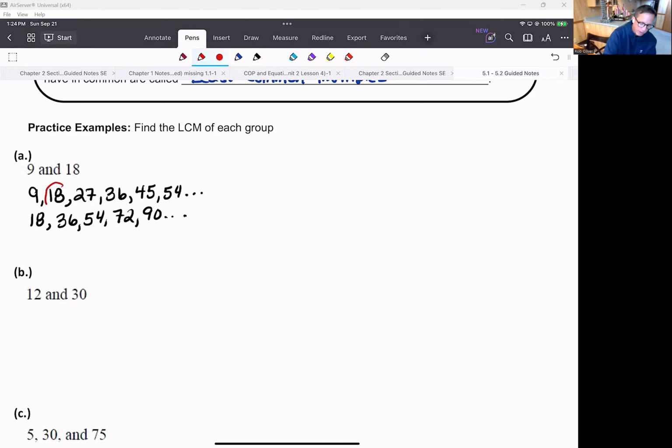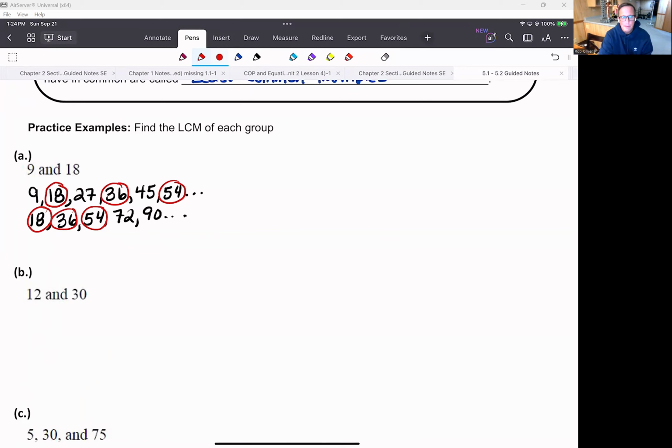So they both have 18 in common, right? They both also have 36 in common. Actually, they have every multiple of 18 in common. They have 54 in common, and 72, right? So the multiples of 9 have every other multiple of 9 in common with the multiples of 18, because 18 happens to be a multiple of 9.